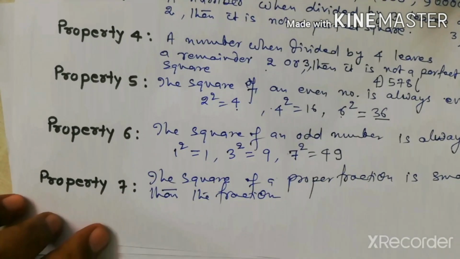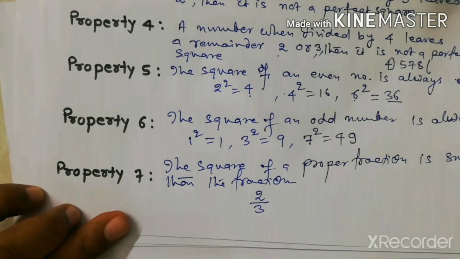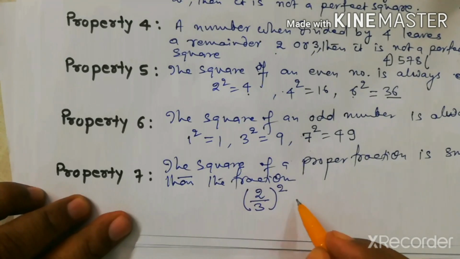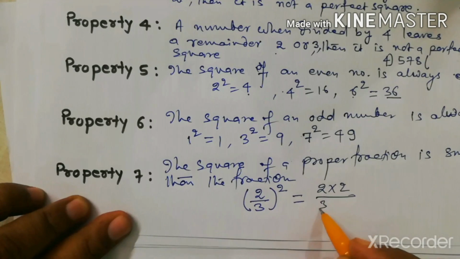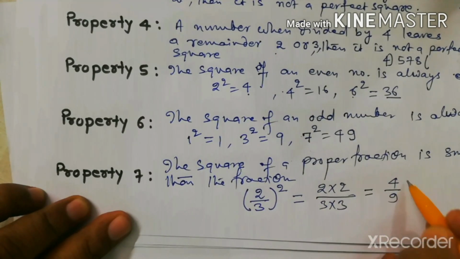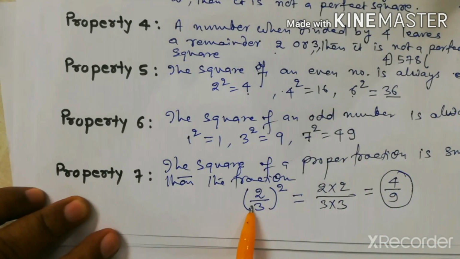Let us consider a proper fraction. Suppose 2 by 3. 2 by 3 is a proper fraction, and if you find the square of this proper fraction, then you will get 2 into 2 by 3 into 3, and that is equal to 4 by 9. 4 by 9 is obtained by squaring a proper fraction.